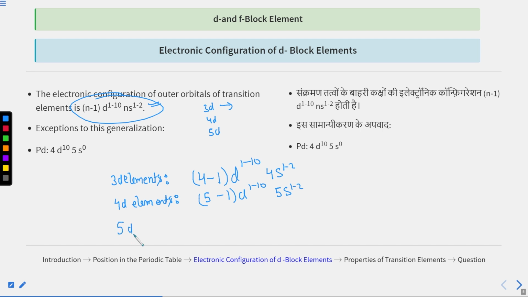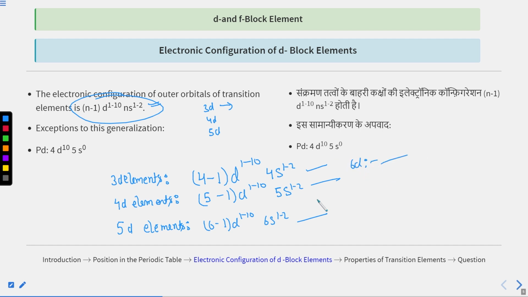Similarly, for 5D elements, we have 6 minus 1, that is 5d, 1 to 10, and 6s, 1 to 2. So these are the three general electronic configurations for 3D, 4D, and 5D. Similarly, if you want, you can write it for 6D also.